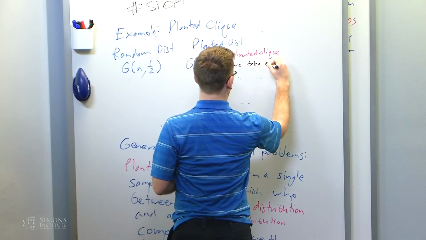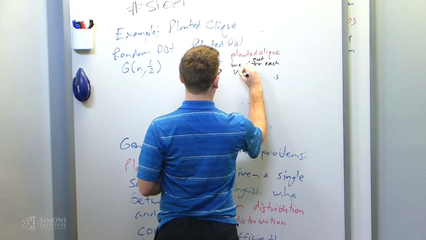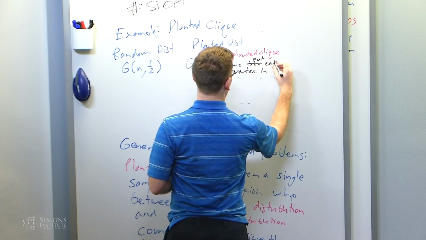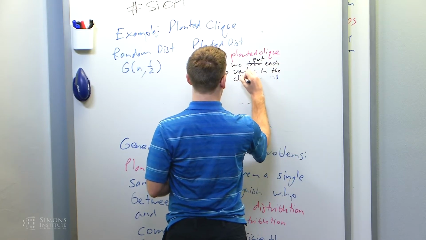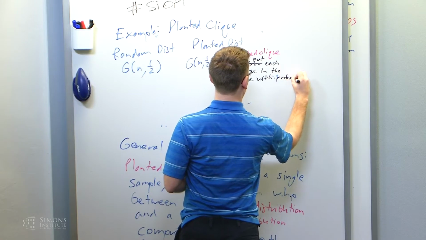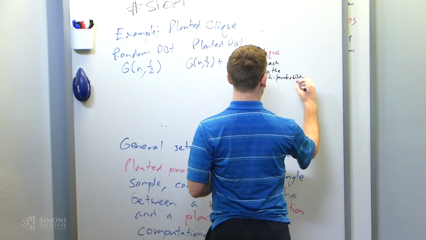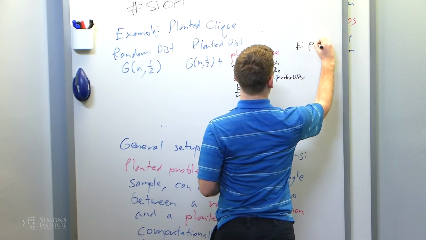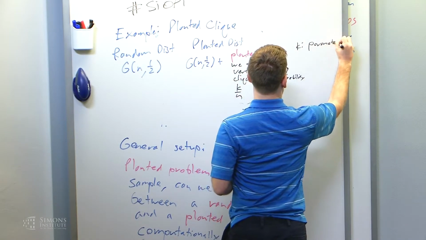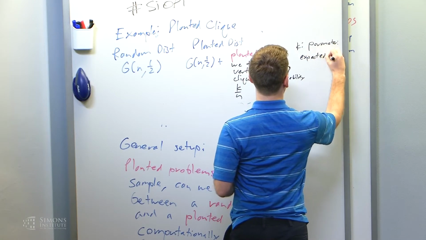What this means is, we'll put each vertex in the clique with probability k over n, where k is a parameter which is the expected size of the clique.